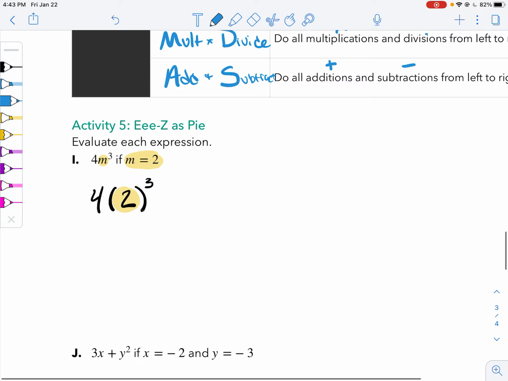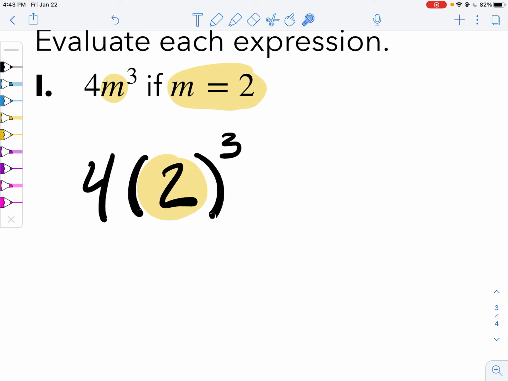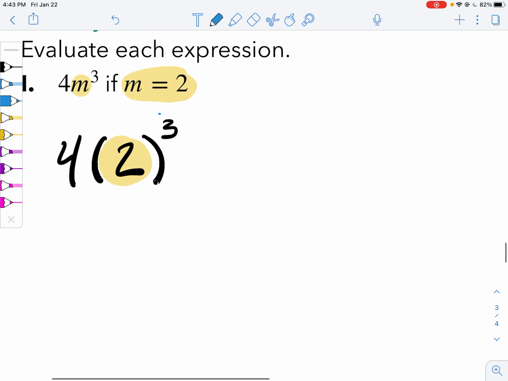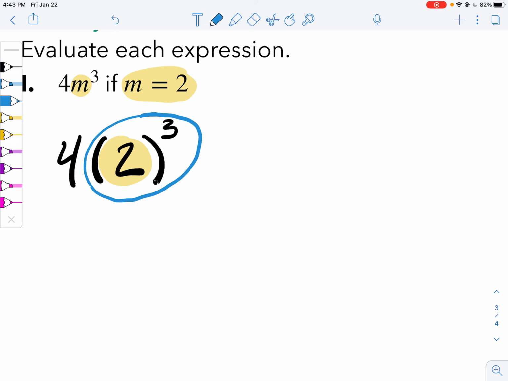So let's start. Parentheses. Well, our parentheses are 2. So cool. Exponents. Ooh, we need to do these exponents first. So we're going to simplify this part right here. Okay, and what is that equal to? 2 cubed is the same thing as 2 times 2 times 2.